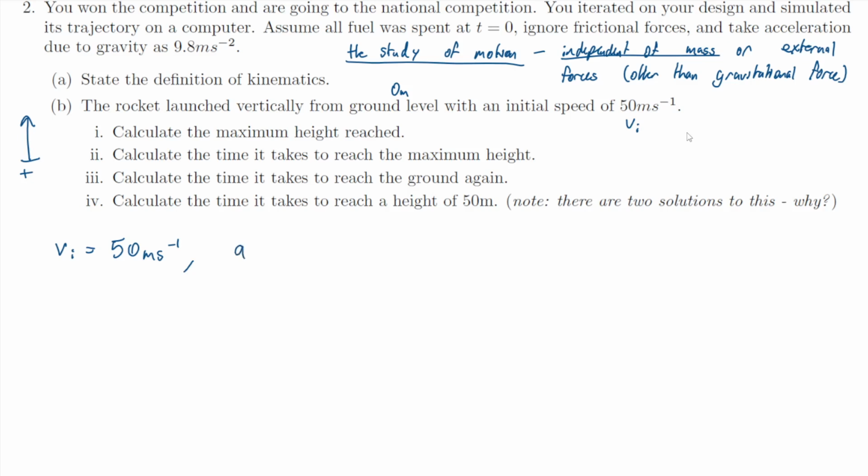You just need to make the assumption that acceleration is negative 9.8 meters per second squared. And I have the negative sign there because we defined up as positive, right? Which is why the initial speed is positive 50. However, acceleration is acting downwards, so to account for that in our kinematics equations, it will be a negative.